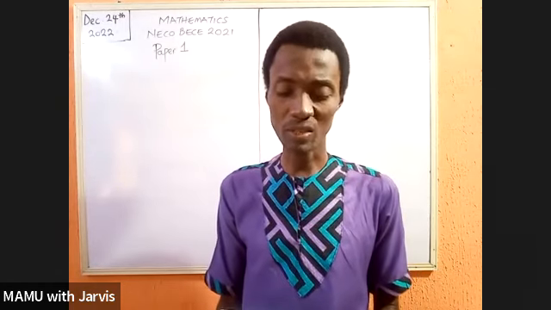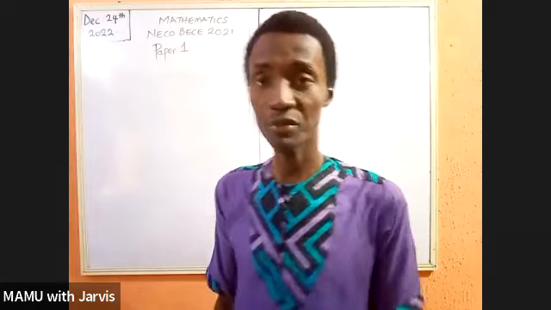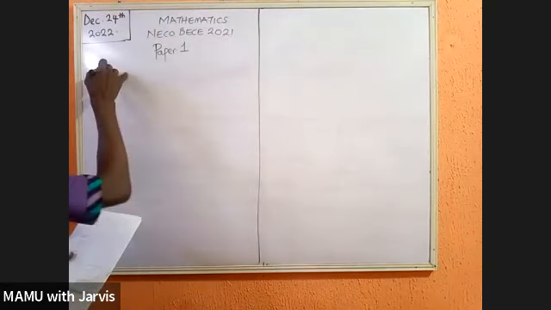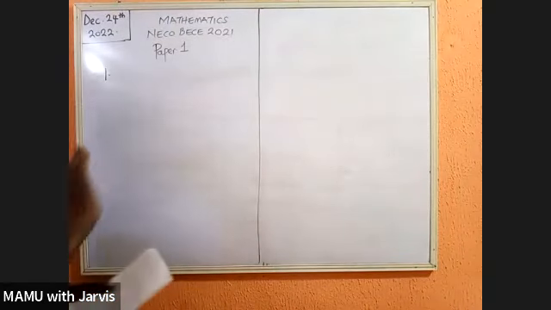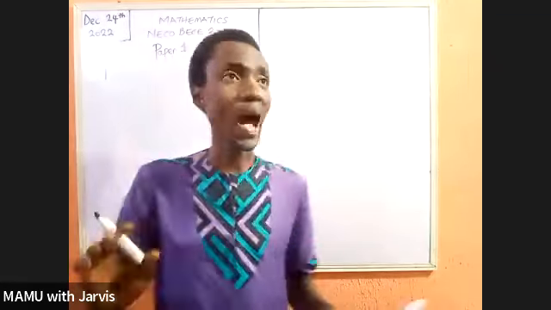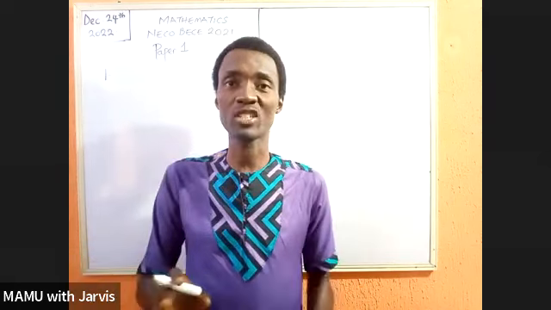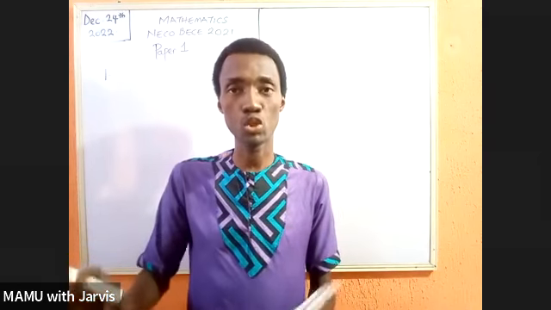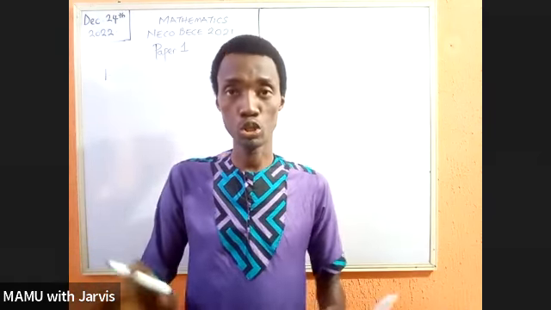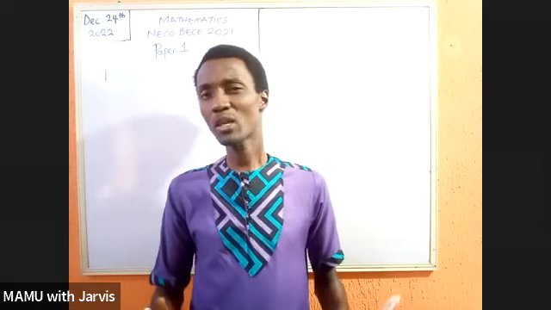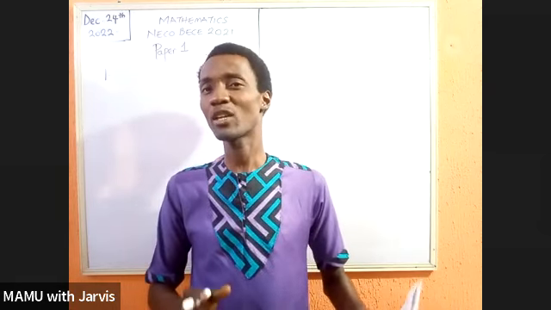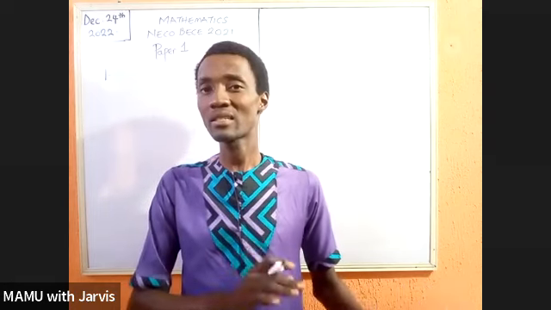Now, paper one essentially talks about arithmetic and geometry. The arithmetic will be anything in arithmetic other than statistics and probability.